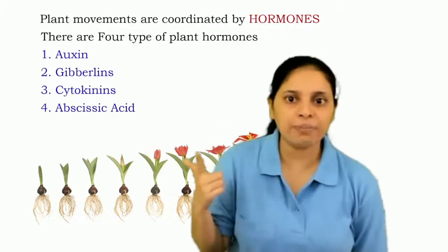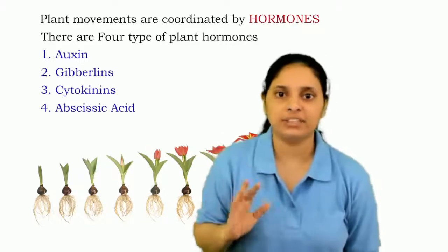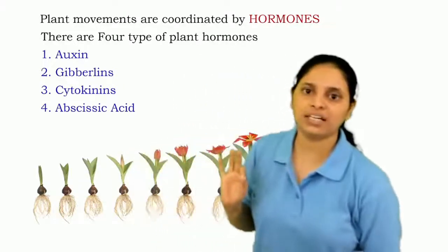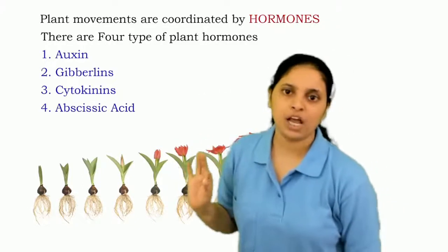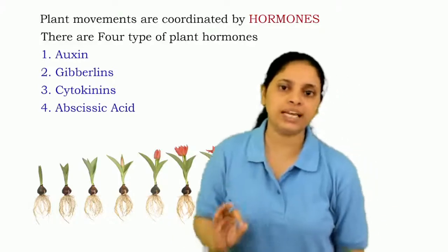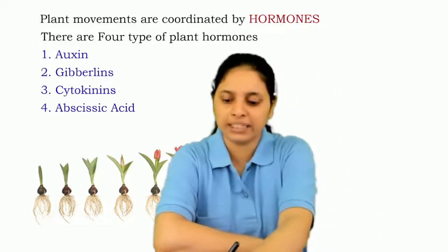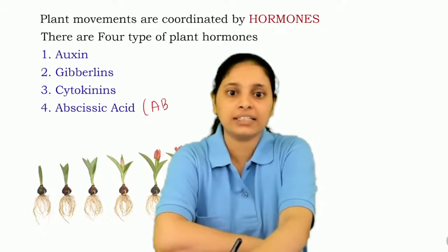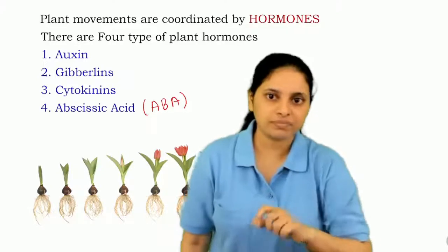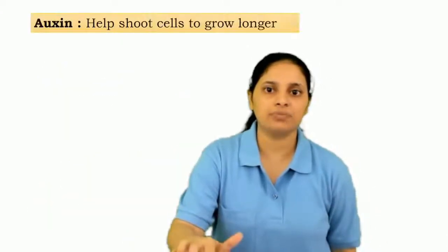Auxin, gibberellins, cytokinin and abscisic acid. याद रहेंगे नाम सबको, चार नाम याद रखने हैं सबको. 4 hormones: auxin, gibberellins, cytokinin and abscisic acid. Abscisic acid को हम शॉर्ट में ABA ऐसा भी लिख सकते हैं. क्या लिख सकते हैं? ABA. याद रहेगा सबको? Very good.